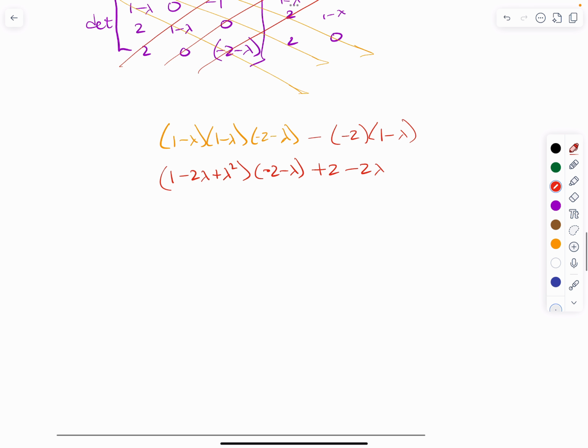Trinomial times a binomial. Negative 2. Let's see, that's going to be positive 4. So 3 lambda. Then 2, 2, 0, so there's no lambda squared. And then lambda cubed.